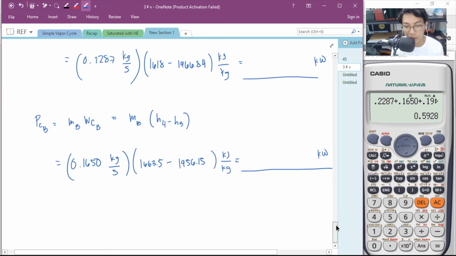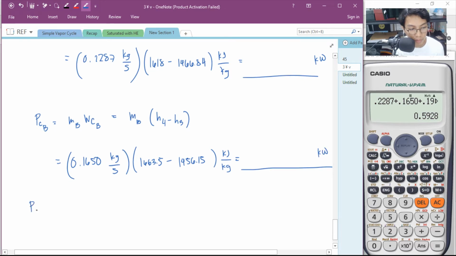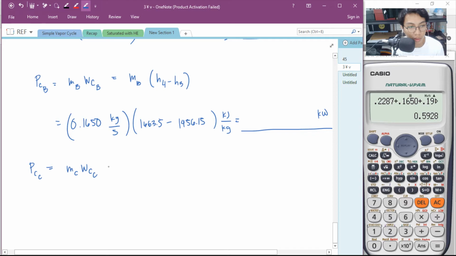Mamaya natin lagay. Sulat ko muna lahat. PCB, PC at C. That is the compressor work of compressor C. This is equal to MB times H6 minus H5.